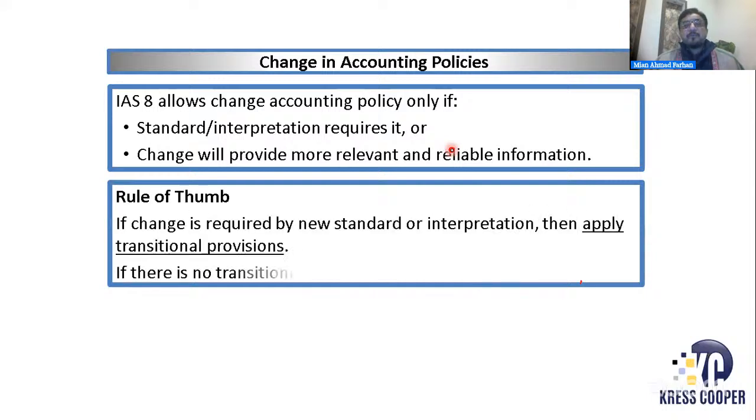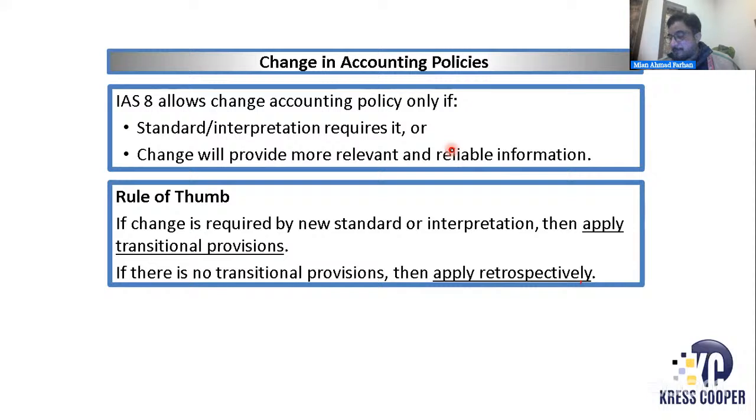So the rule of thumb for the change in accounting policy is that if the change is required by the new standard, obviously the standard will give you a proper guideline on how this change should be accounted for. That guideline that the new standard is providing is known as transitional provision.